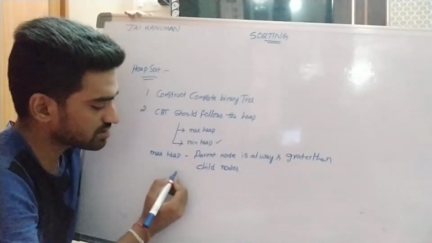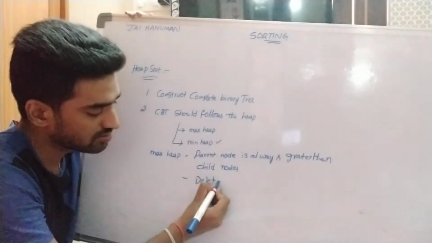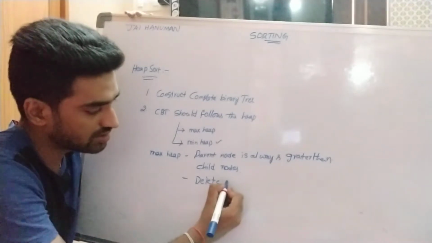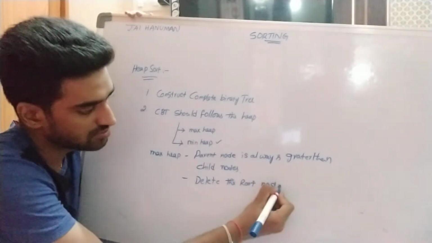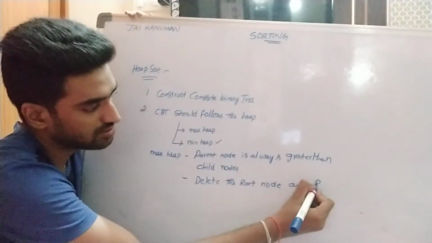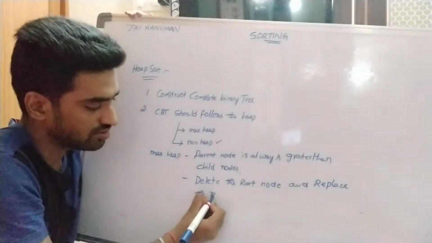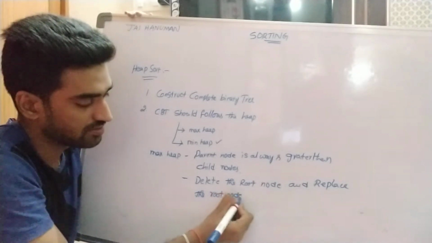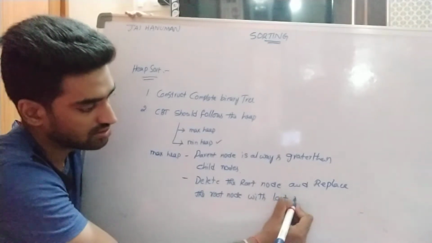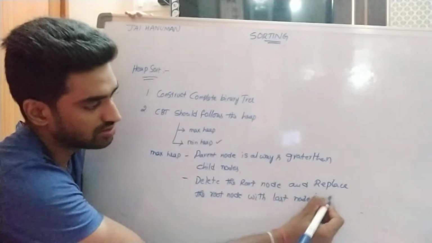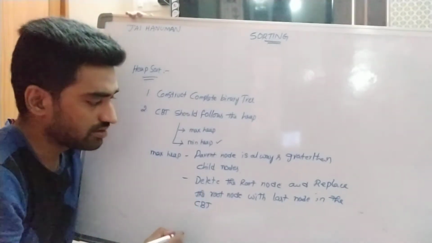So after construction of max heap, then we are deleting the root node and replacing the root node with the last node in the complete binary tree, right? So what is max heap?